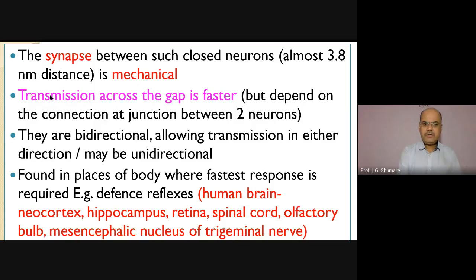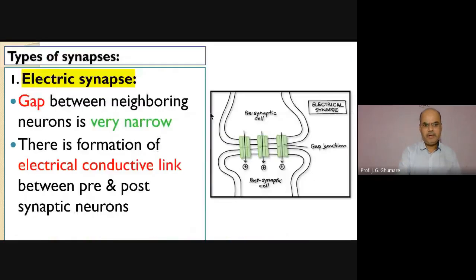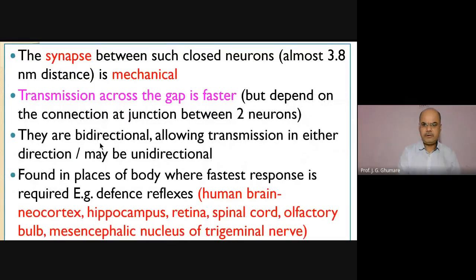An important character of this type of electrical synapse is that transmission across the gap is faster, but remember that will also depend on the conduction at the junction between two neurons. Generally, the transmission of a nerve impulse in an electrical synapse is faster, remember.